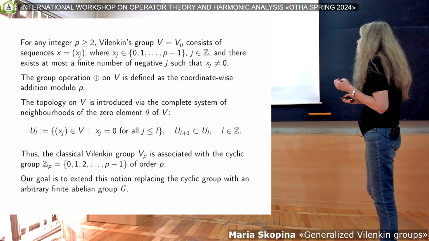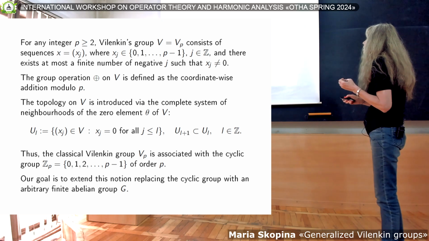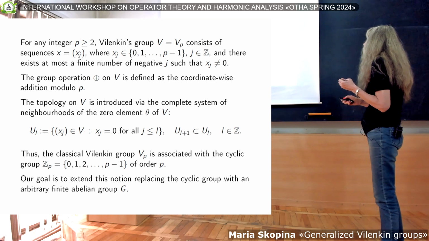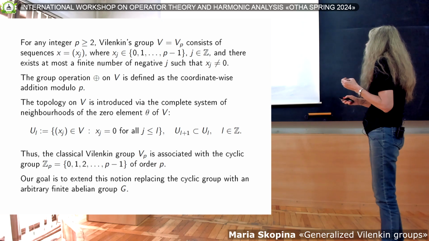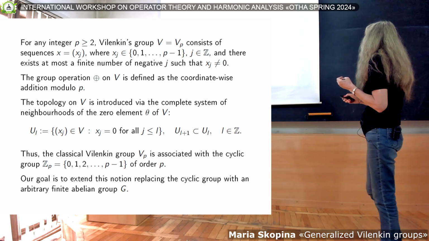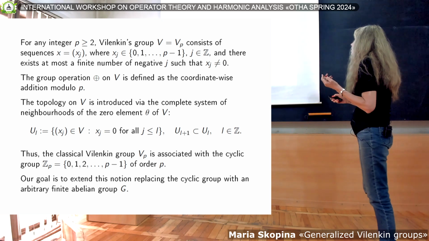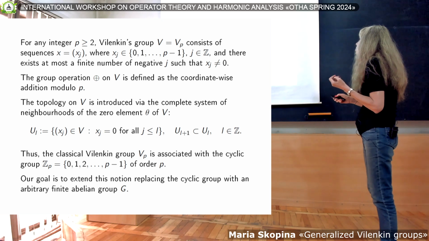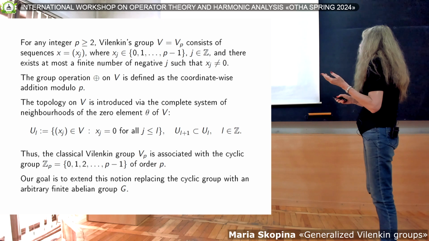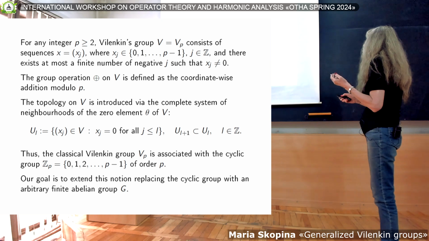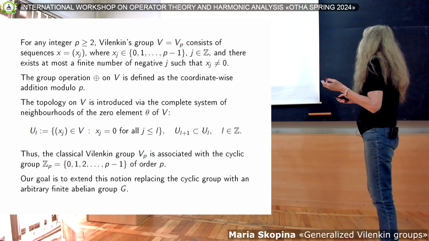So we see this set from 0 to p minus 1 is denoted by Zp, and what is addition modulo p? 1 plus 1 is 2, 2 plus 1 is 3, etc. And p minus 1 plus 1 is p, or 0.